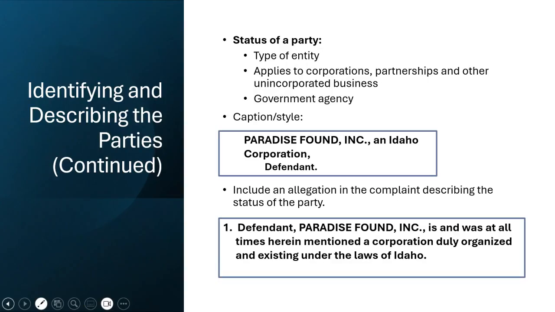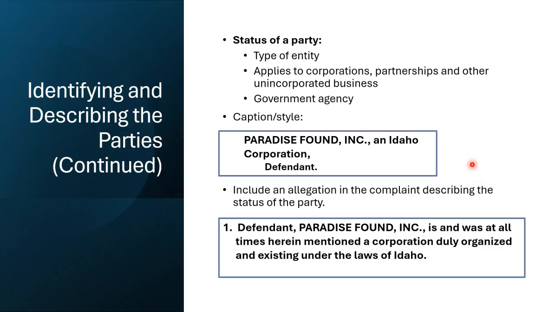The status of the party, so the type of entity. This applies to corporations, partnerships, and other unincorporated businesses and government agencies. The caption style would then identify the party as, for example, Paradise Found, Inc., an Idaho corporation, defendant.